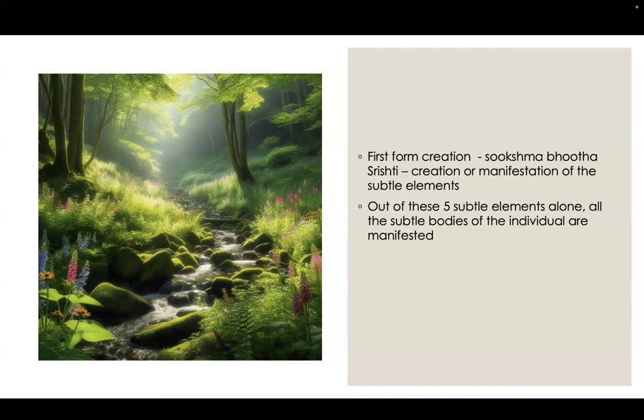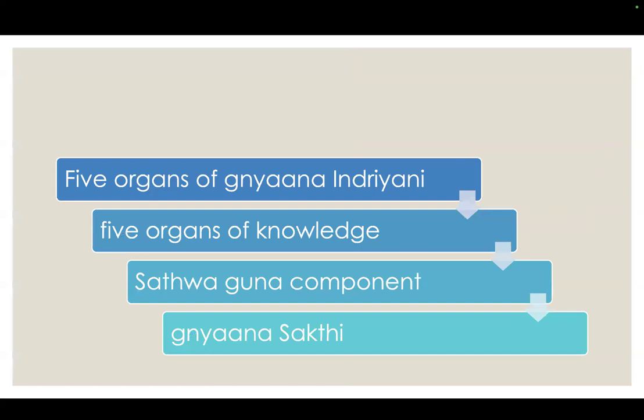Now, let's see what comes out of this, for the individuals. Sukshma Shariram comes out of these Sukshma Bhutas. Clear? From the Sukshma Bhutas comes Sukshma Shariram, the individual of 19 components, and Sthula Shariram comes up. First, the 5 organs of Jnana Indriyas.